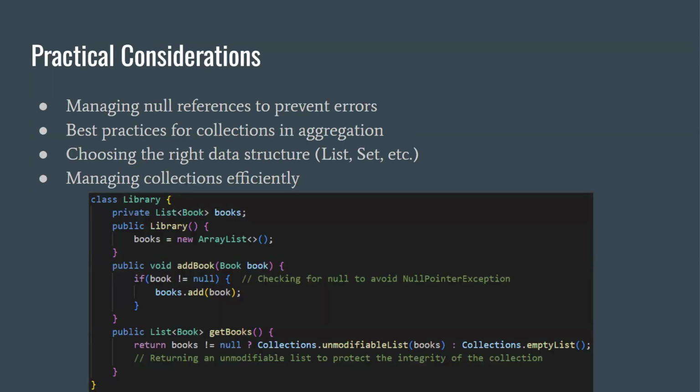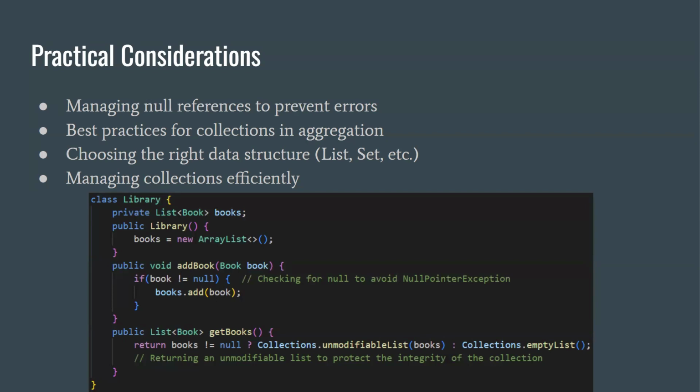Practical considerations. When you are implementing aggregation, it is important to manage null references to prevent runtime exceptions. One common one would be null pointer exceptions. Also, choosing the appropriate collection type to manage groups of component objects, like using lists or sets, plays an important role in how effectively your program operates.